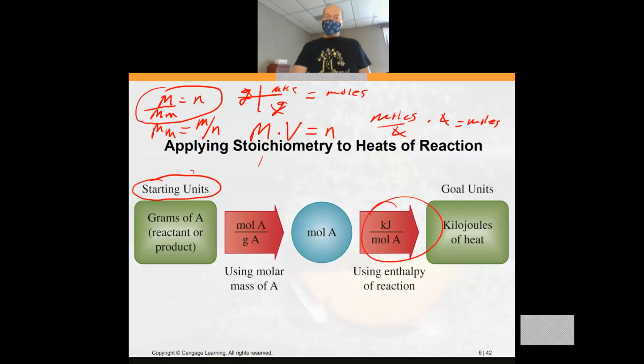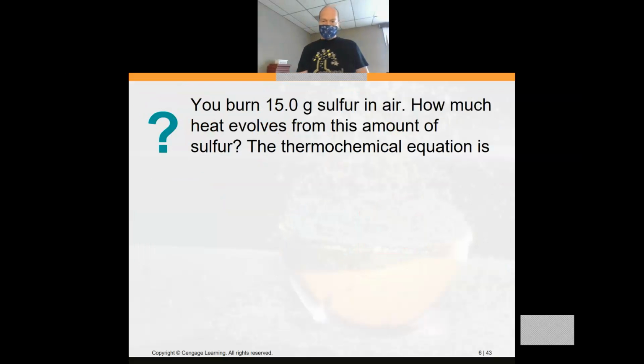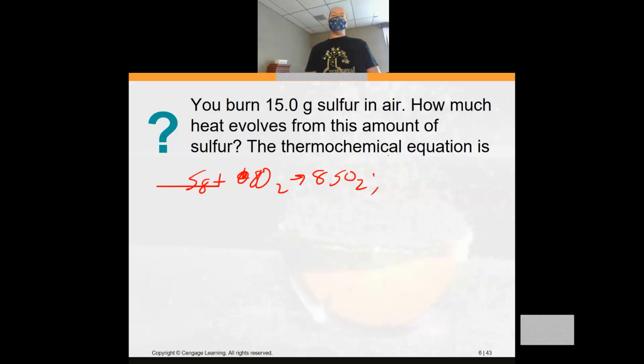So if we look at the next problem, we're doing the same thing, with sulfur in air. We have S8 plus 8 O2 goes to 8 SO2, with the delta H. They have to give you this equation.